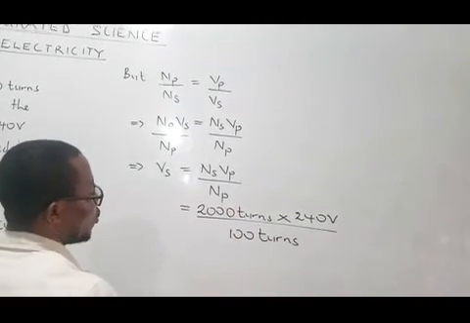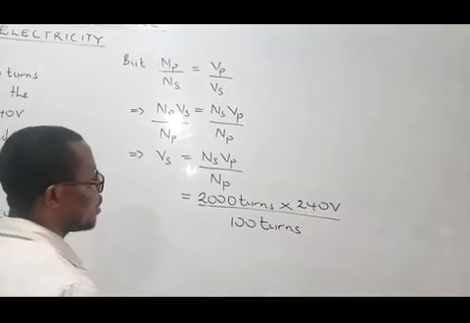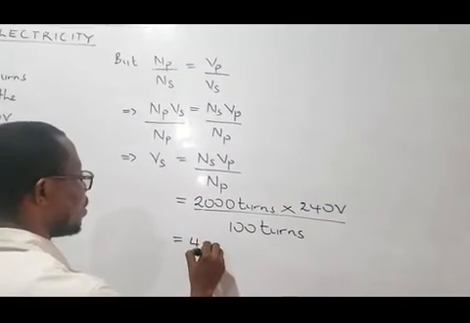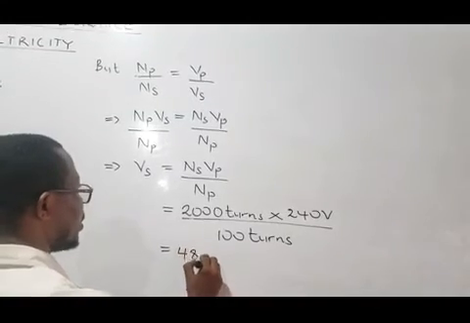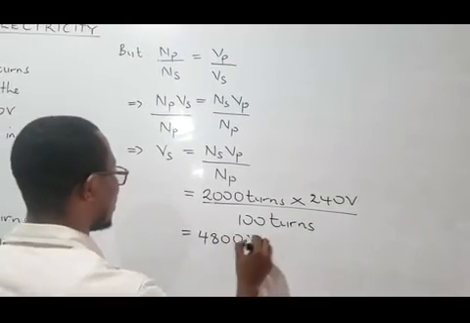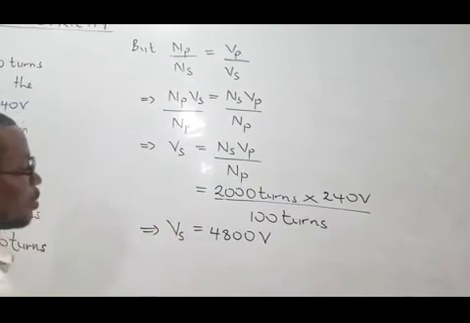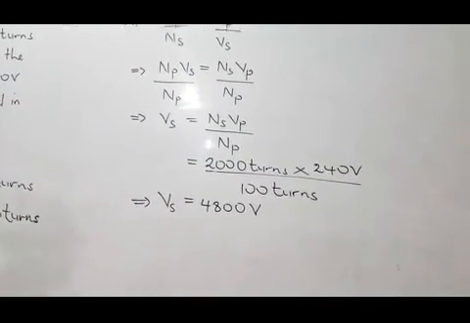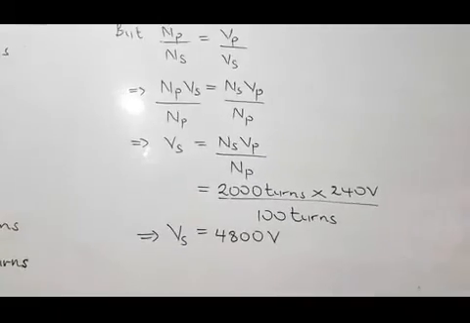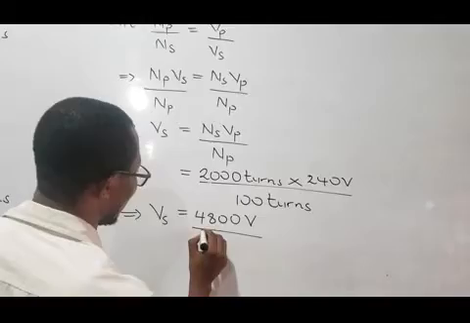So you got 20 times 250. I'll give you 5,000 volts. So now I'll give you 5,000 volts in the secondary coil.